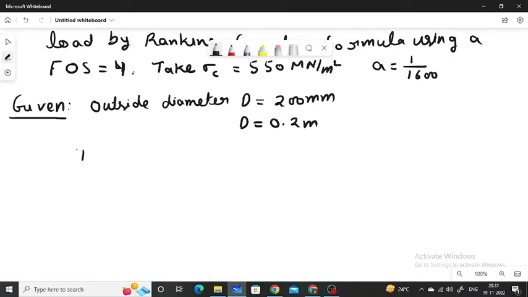Thickness of the column has been given (20 mm).